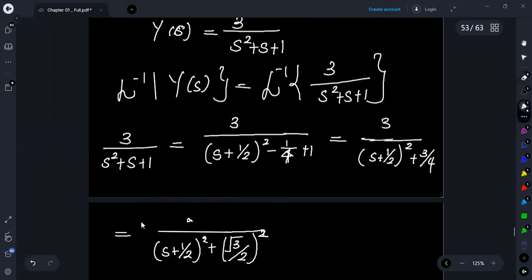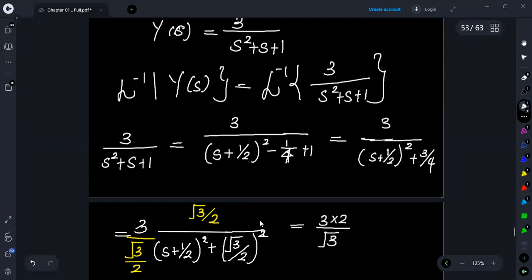If in our numerator there is square root of 3 over 2, then we can use the sine formula to obtain the answer. So in the numerator, we need to divide by square root 3 over 2, which gives 3 times 2 over square root of 3.